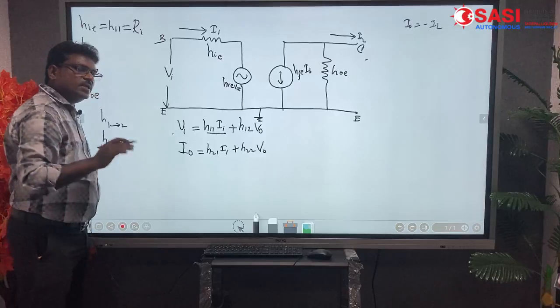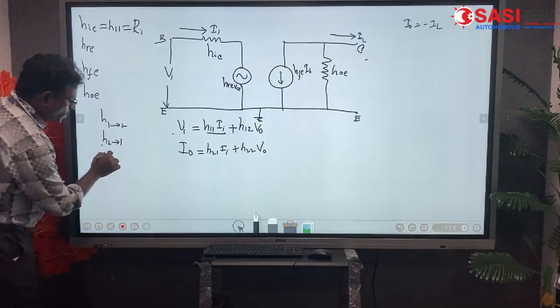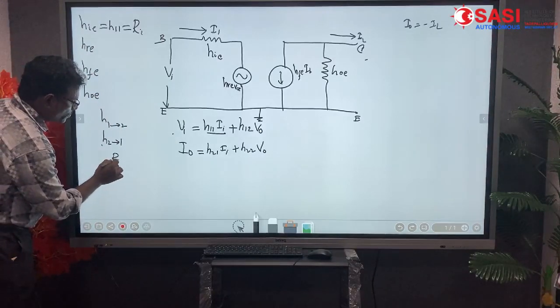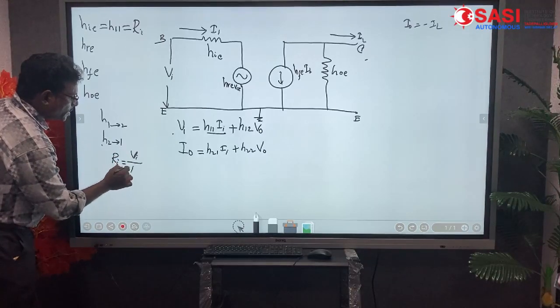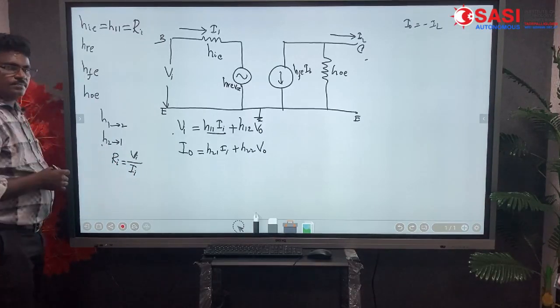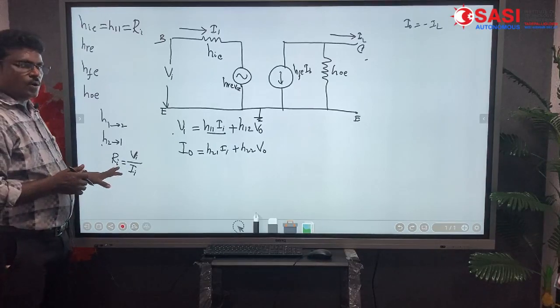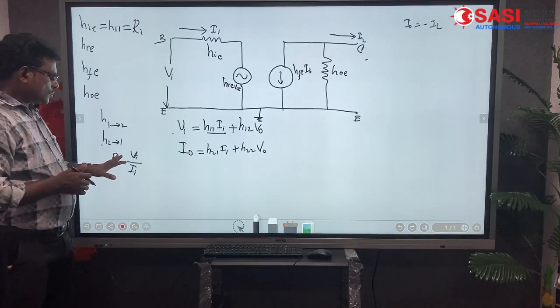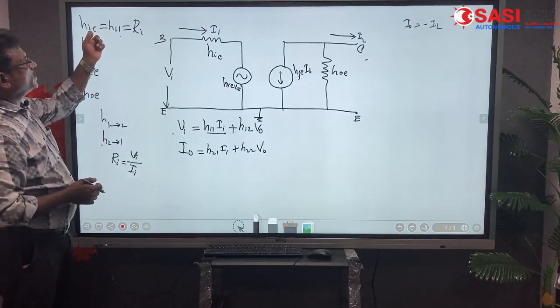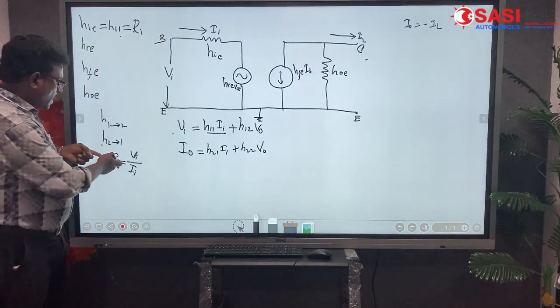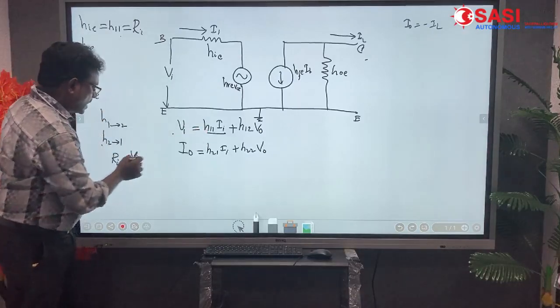Suppose H11 is the input resistance. We know that input resistance equals input voltage divided by input current according to Ohm's law. Ri equals Vi by Ii. So Ri is placed in H11 because H11 is HIE.